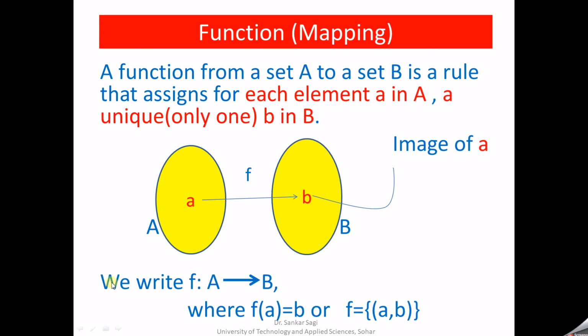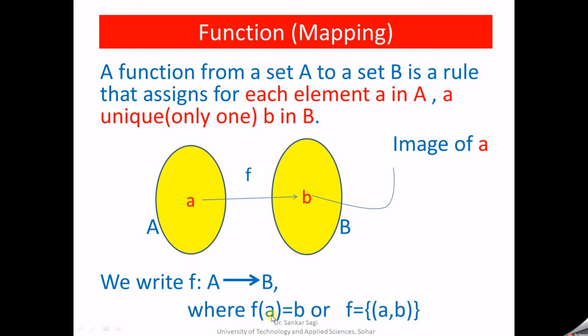In the notation we write f is from A to B. So this is the notation for a function, and if the element a is mapped to the element b under this function f, we write f of a is equal to b.